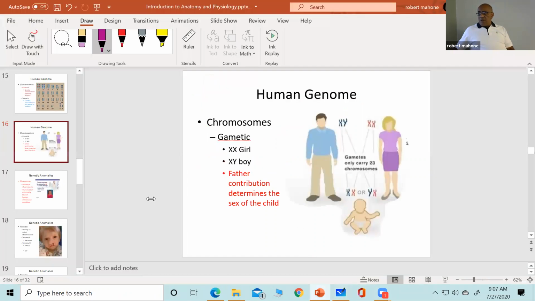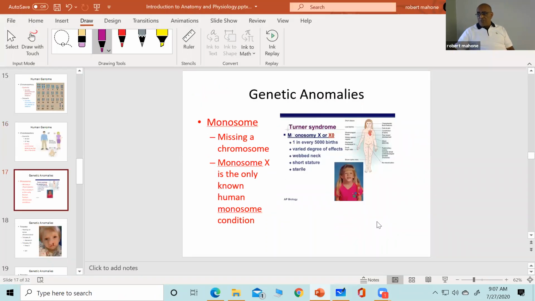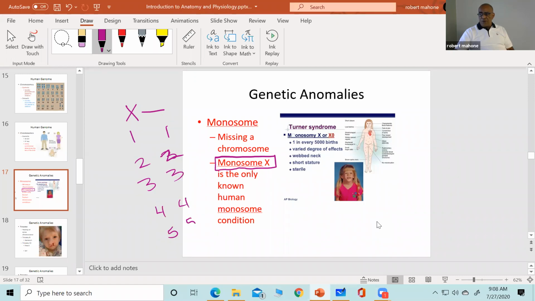The only known human monosome condition is called monosome X. When you look at their DNA, there will be an X with nothing across from it, and then the 1s, 2s, 3s, 4s, and so on. But at the top, there'll be nothing across from that X. They are monosome.